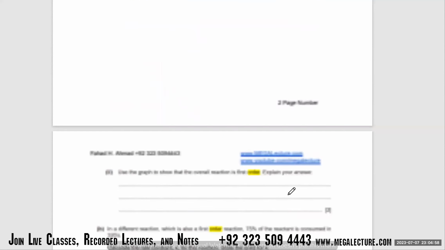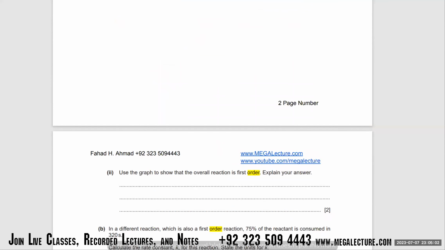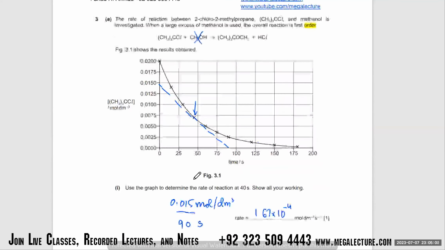As the next one, use a graph to show that the overall reaction is first order. Explain. So how do you know that the overall reaction is first order? The concentration and rate have to change by the same factor. That is first order.